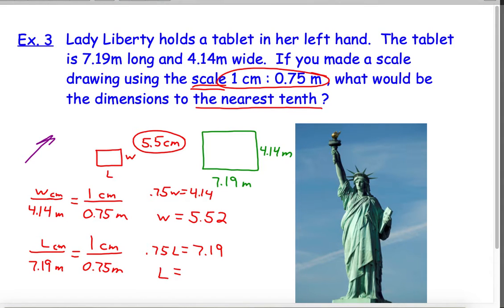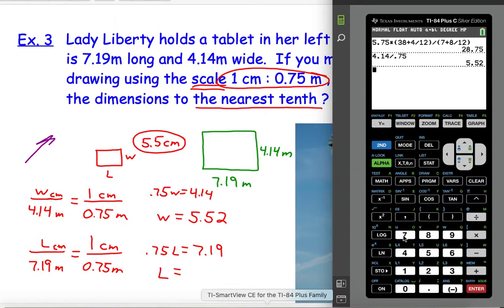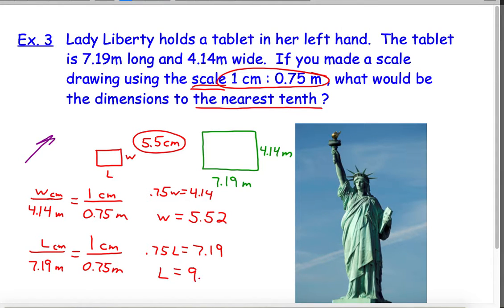So once again, let's do 7.19 divided by 0.75. And we get 9.586. I'll just write 9.58. And that'll round up to 9.6 for my L. And that's centimeters as well. And so there's the dimensions of my scale drawing.